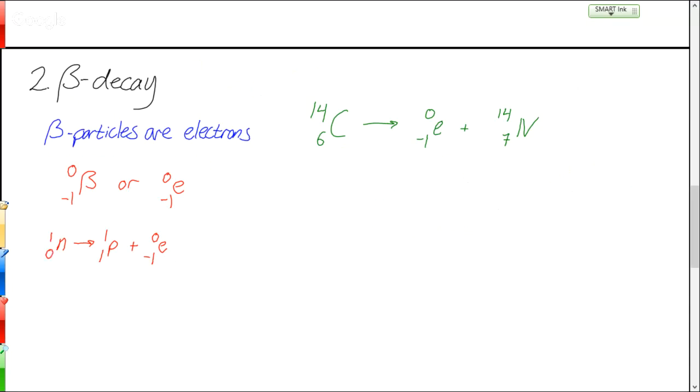So if you add all that together, it works. 1 plus -1 is 0. 1 plus 0 is 1. And that kind of explains what's going on. So the neutron splits and becomes a proton and an electron. The proton stays in the nucleus and increases the atomic number by 1. And then the electron gets emitted, and that's the beta particle.